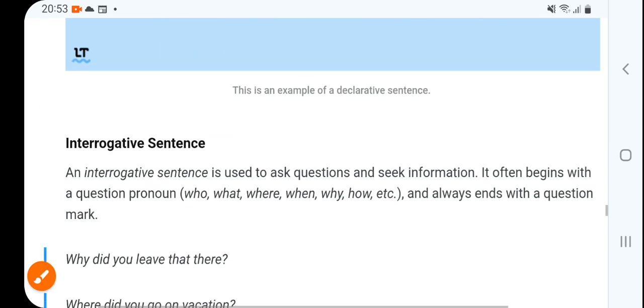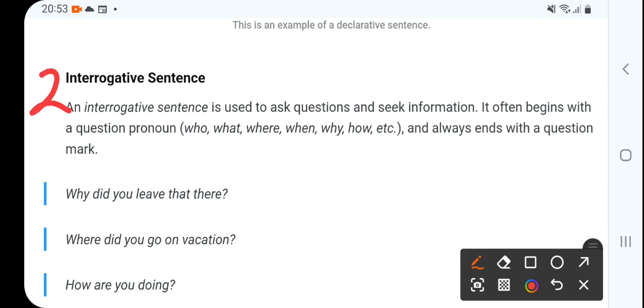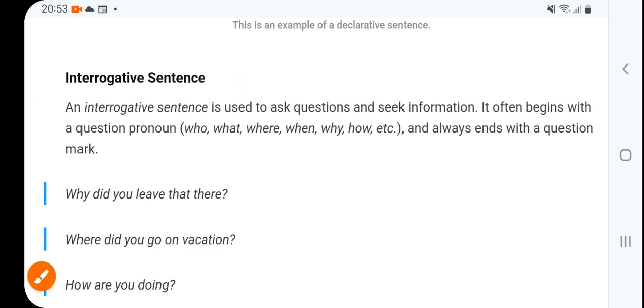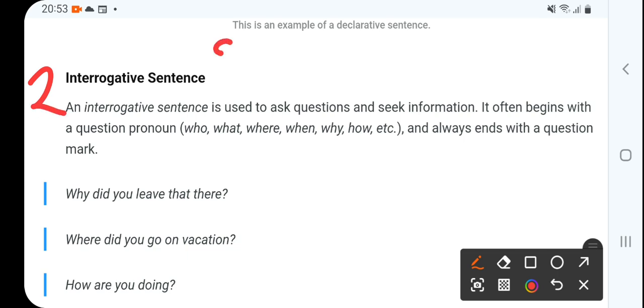Now number 2, interrogative sentences, question mark. Interrogative sentences are used to ask questions and seek information. They ask a question and then seek information.